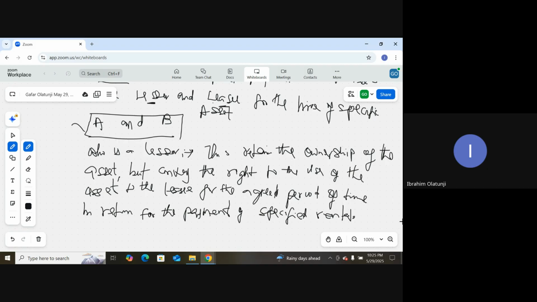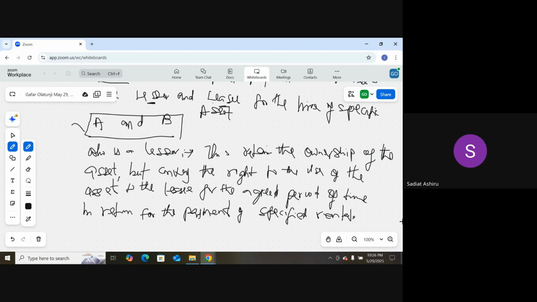So, to a layman, if I ask you that I have a building that I want to lease, maybe my company name is Ades and Co. I want to lease a building to Dolapo and Co. Among Ades and Dolapo, who is a lessor?